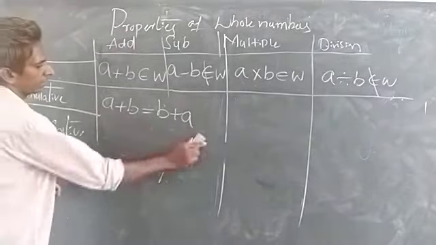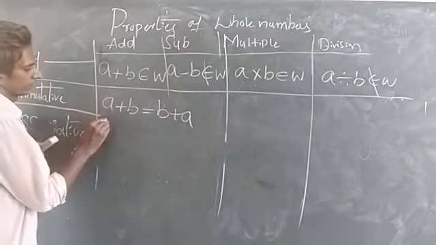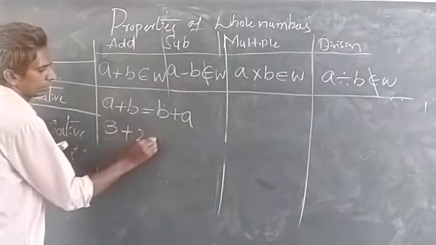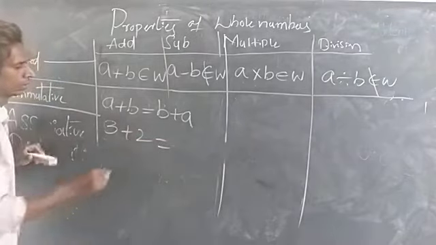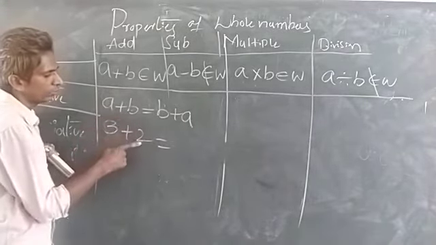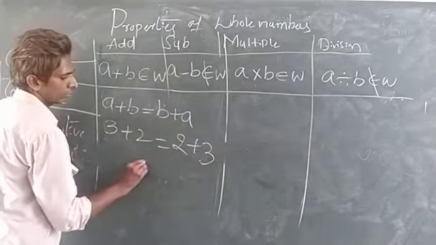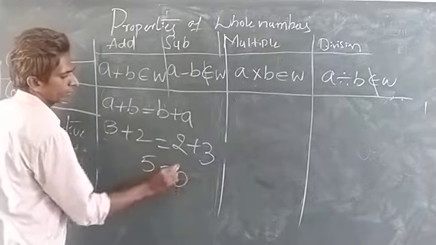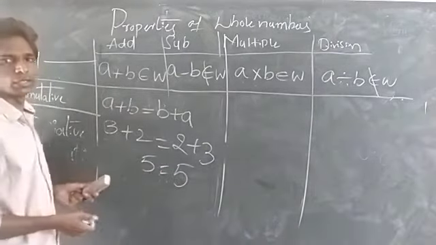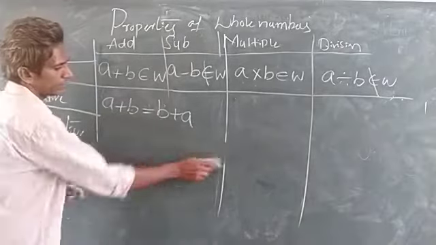I am taking another example. 3 plus 2 is equal to B plus A. What is the A value? 3. B value is 2, so 2 plus 3. That is 5 is equal to 5. Here also equal, so it satisfies the equation.